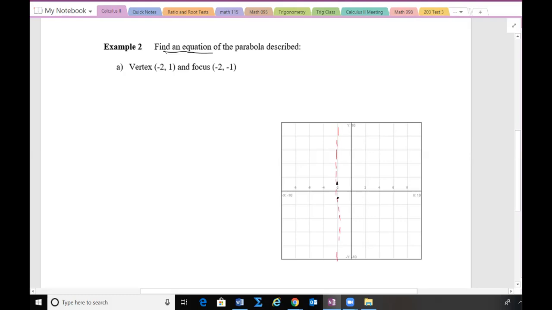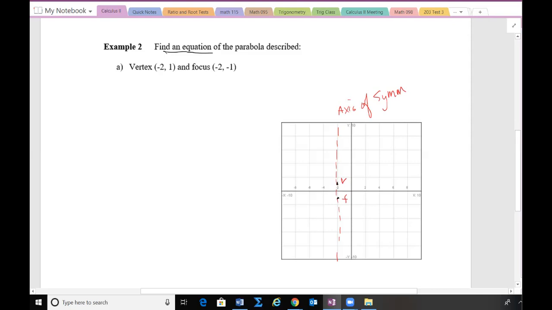So now you can see your orientation of this parabola. So let's make sure we don't get these mixed up. That's your vertex and that's your focus.